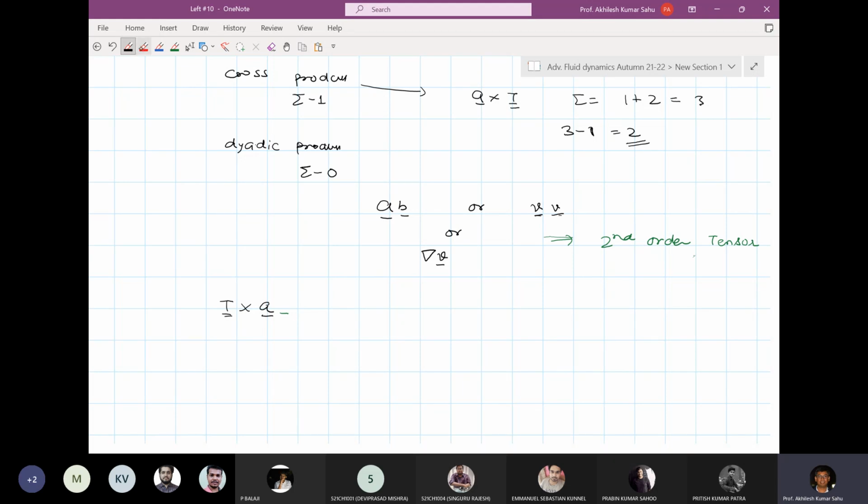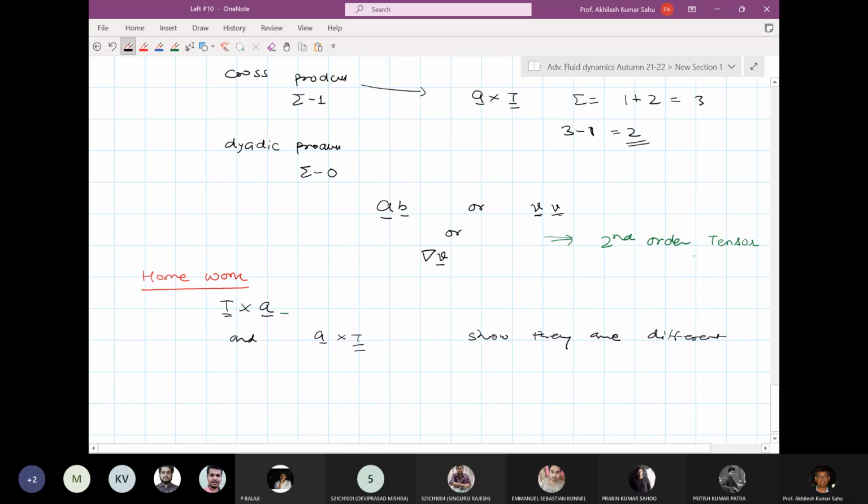Can you do this? You can take this as homework, right? So T cross A and A cross T. They are different.